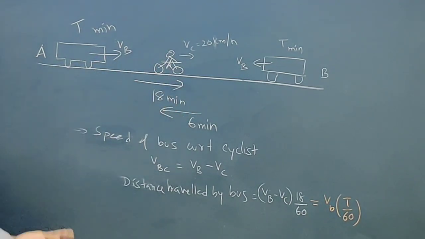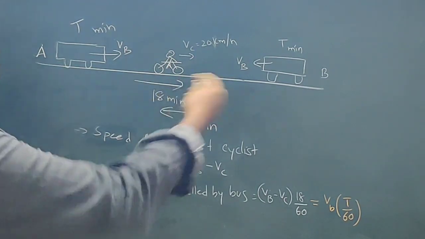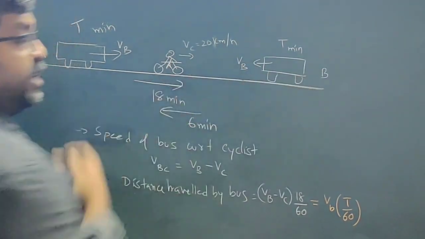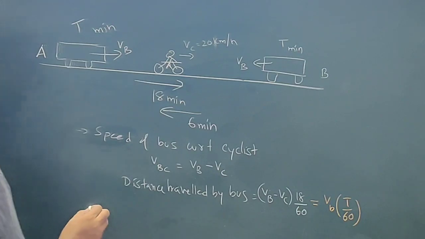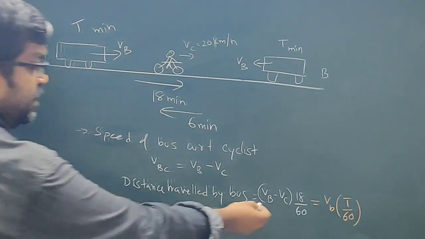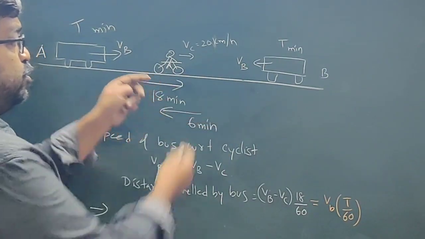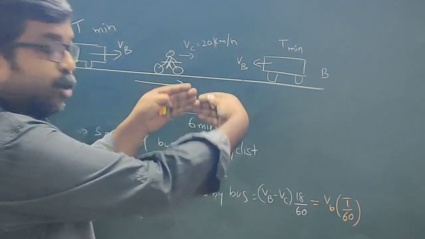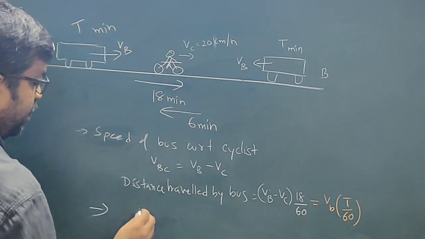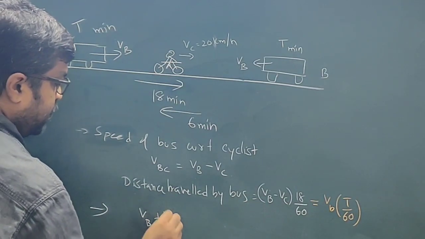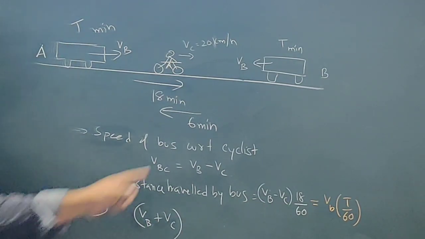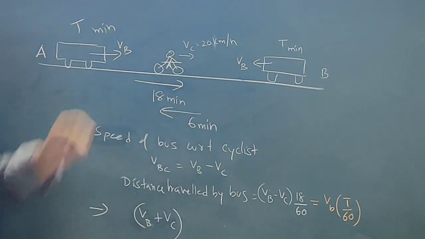Now this is the case for the buses which are traveling in the same direction as the cyclist. For the buses coming in the opposite direction, because they are traveling in opposite directions, VC is going this way and VB is coming in the opposite direction, so the speed is VB plus VC, and every 6 minutes it is crossing the cyclist.